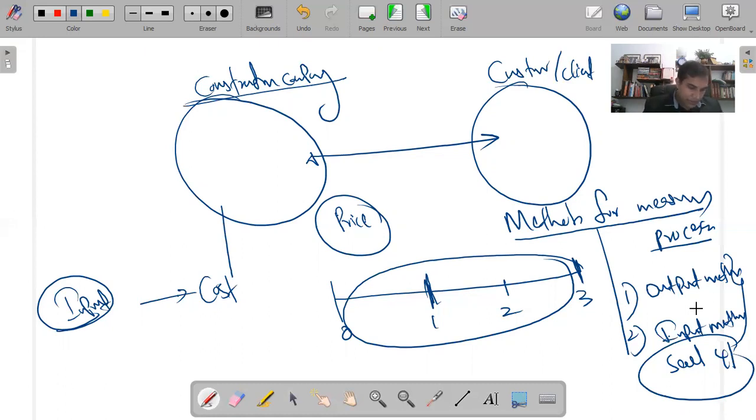Section 41 clearly emphasizes that appropriate methods of measuring progress include output and input methods. For construction companies like this, which method is more appropriate? Input method or output method? You can guess.